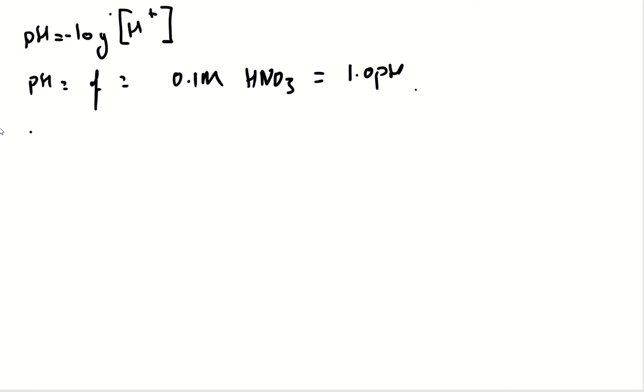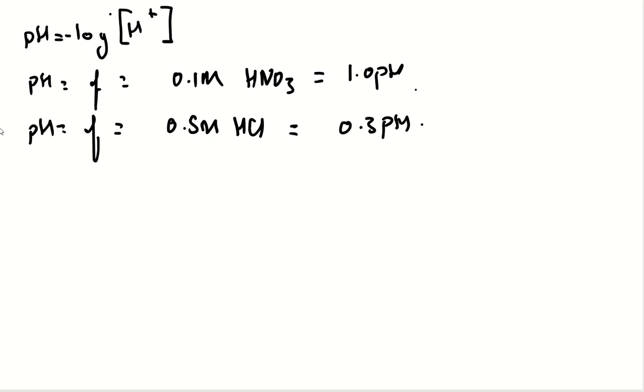If I had hydrochloric acid, 0.5 molar HCl, that gives me 0.3. So you should be able to do those, they're pretty easy.